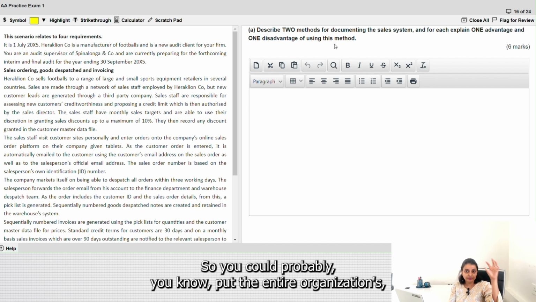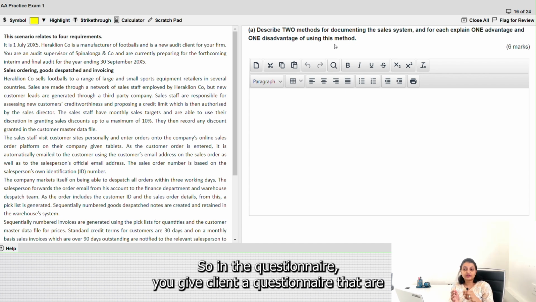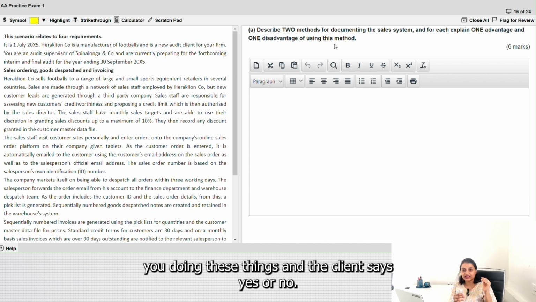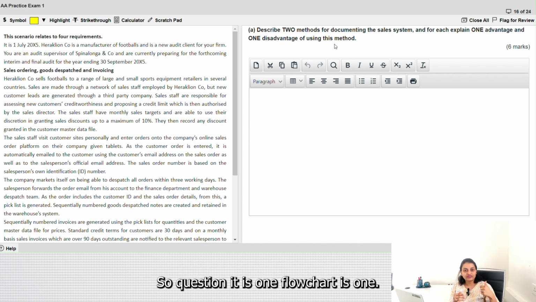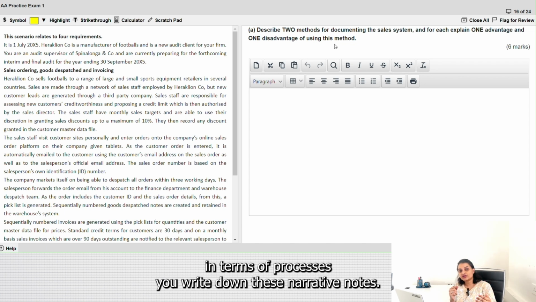So you could probably put the entire organization's process in the way of a flow chart. You could put it in a questionnaire form. So in the questionnaire you give the client a questionnaire asking, are you doing these things, and the client says yes or no. So questionnaire is one, flow chart is one, and third is you could take down narrative notes. So whatever the client is saying in terms of processes, you write down these narrative notes.